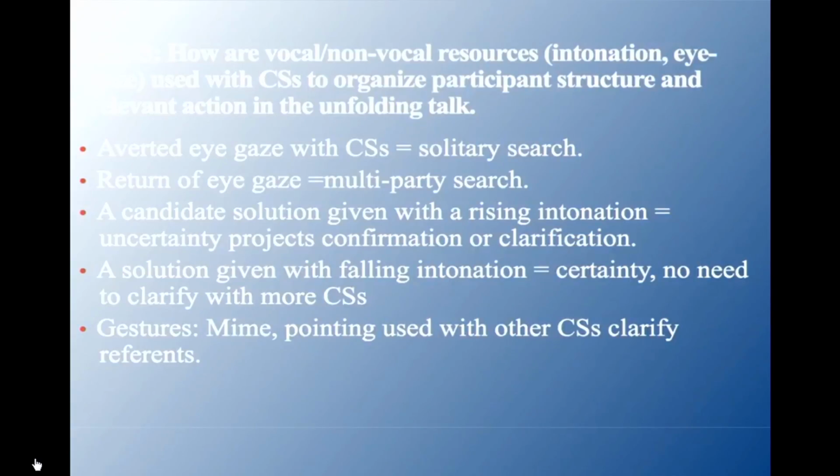And when she produces the all-purpose word strategy, shimasen, and returns her eye gaze back to the host mother, it is then that the host mother is invited to participate in the word search. And this is how communication strategies paired with eye gaze can organize participant structure into either a solitary search or a multi-party search.